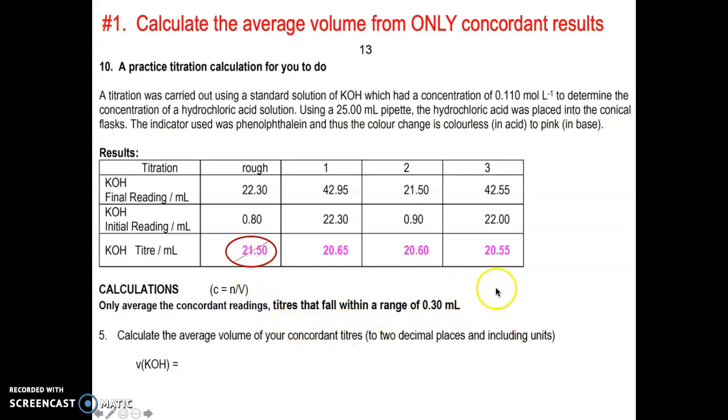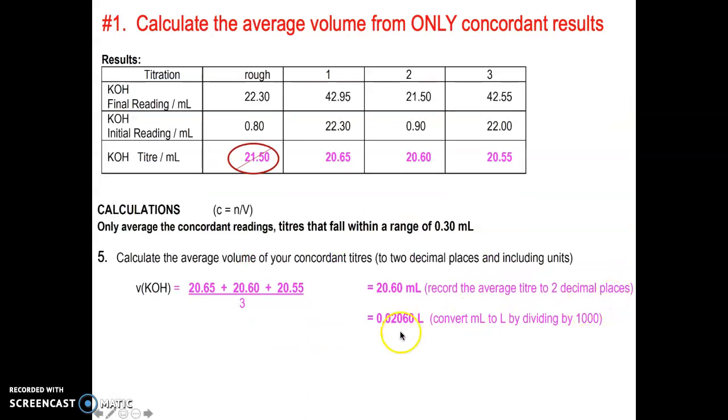Show your working and show which 3 values you have averaged, or if you are averaging 4, show the 4 values you average. So I've taken these 3 values and divided by 3 because there are 3 values. This gives me the average of 20.60 mL.